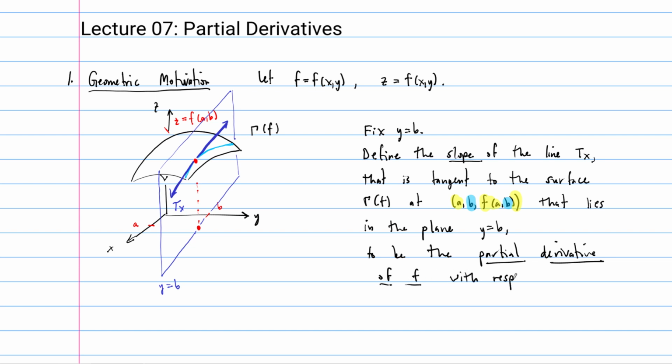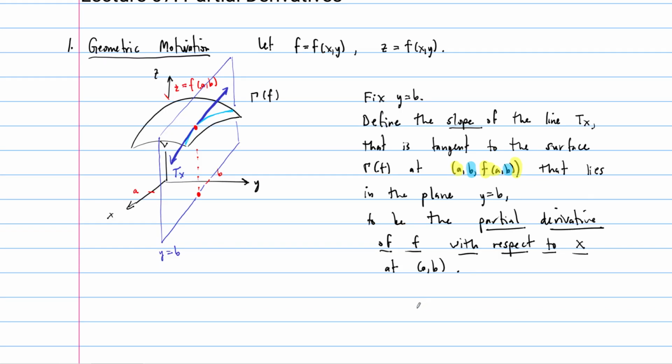This is important, at this point, the point a, b. All right, so there's some motivation for the partial derivative with respect to x.